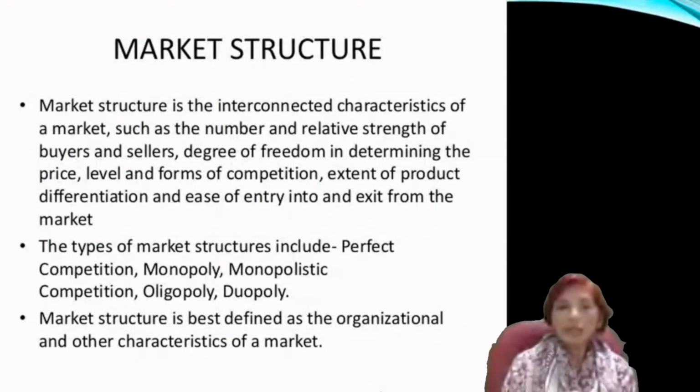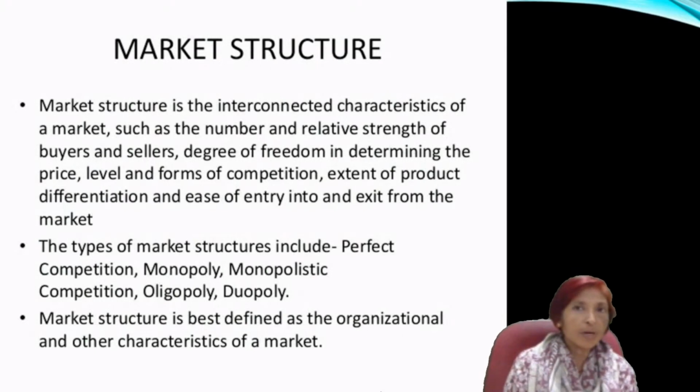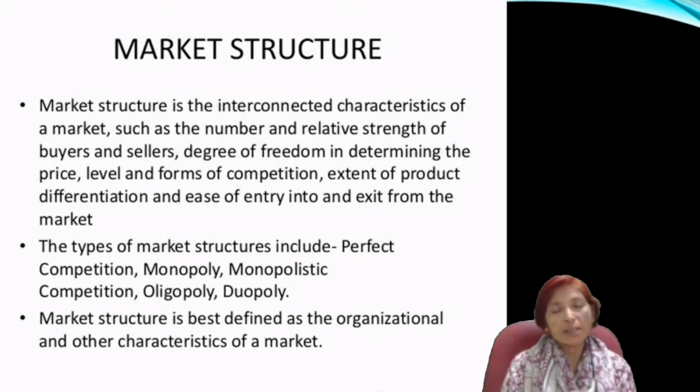Next is the oligopoly market. An oligopoly market is that market in which only a few sellers exist. And when only a few sellers exist, they can make differentiated products. Product may be homogeneous or may be differentiated. It depends upon the few sellers.